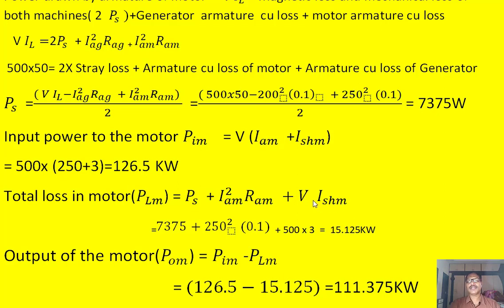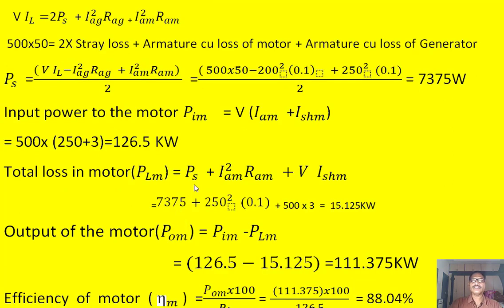This is the applied voltage across the field winding of the motor, and this is the field winding current of the motor. Substituting, that is 7375 plus 250 square into 0.1 plus 500 into 3, after simplification we get 15.125 kilowatts as the total loss of the motor.